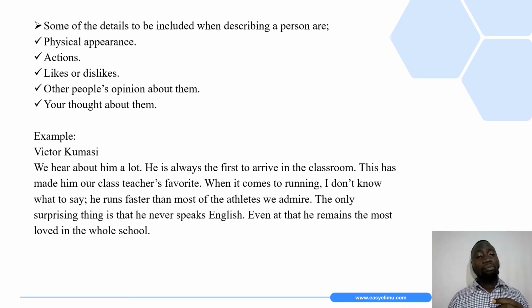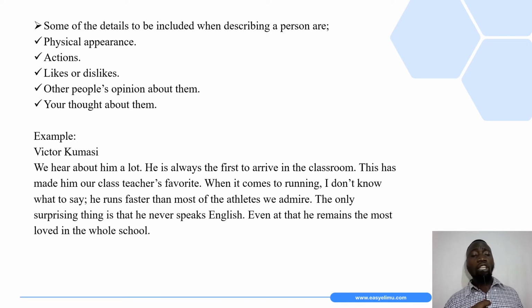And next, you must also be sure to include other people's opinion about them. Remember, these are just opinions. Someone could be having a different opinion towards a particular topic, for example.